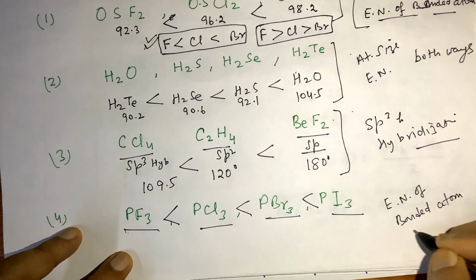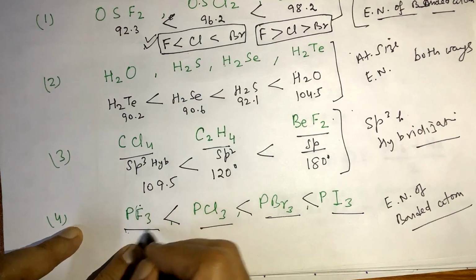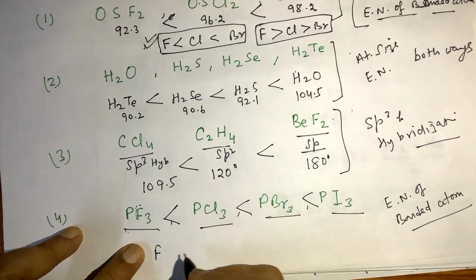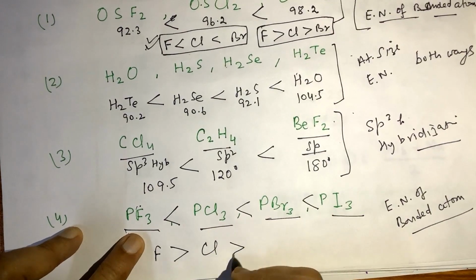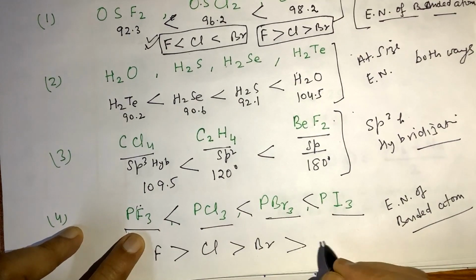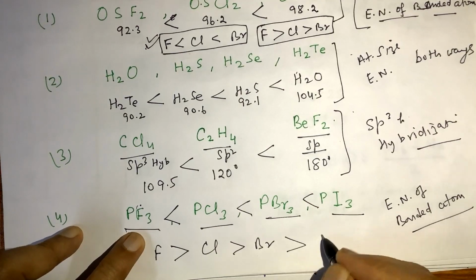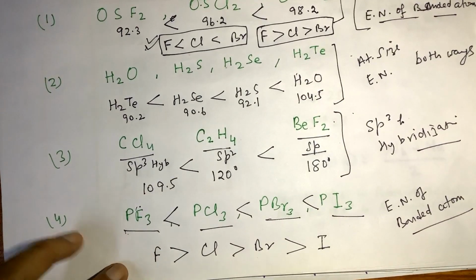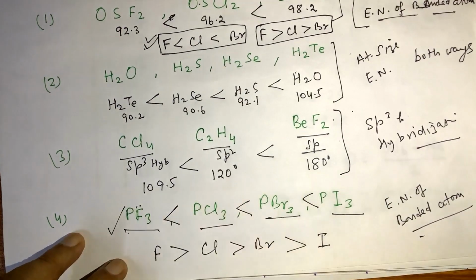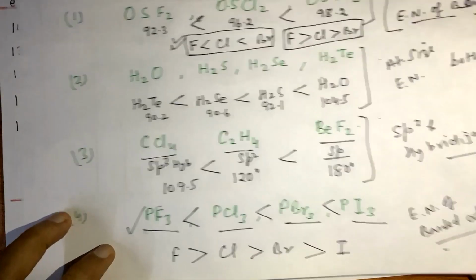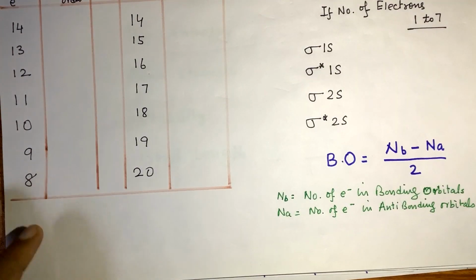This is the principle, because if we arrange the bonded atoms according to electronegativity, then F has the maximum electronegativity, then chlorine, then bromine, and then iodine. According to this is the trend.